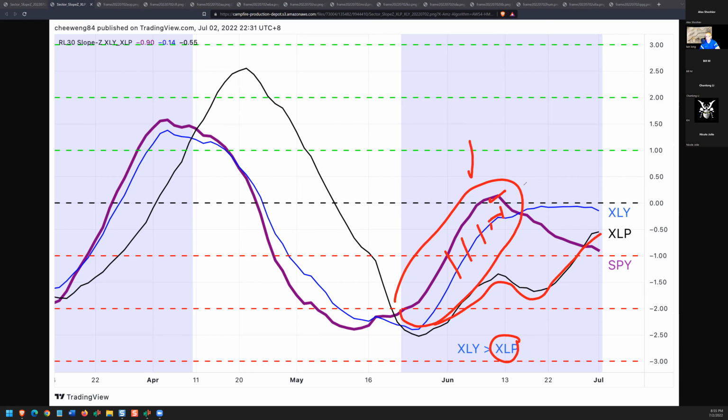People were chasing the growth. But then when the market peaks and this rolls over, now you can see that that's a time when XLP comes back into its own, when people want that conservative gains, while XLY is threatening to roll over.